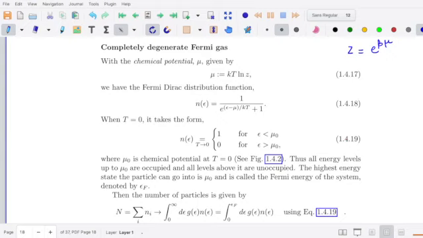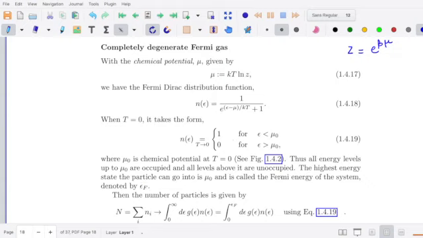So if we think of arranging particles in energy levels arranged in increasing order of energy, we can fill all the states up to a highest value. And this highest value of energy is given a special name, and it is called the Fermi energy of the system. We denote it by epsilon_F.